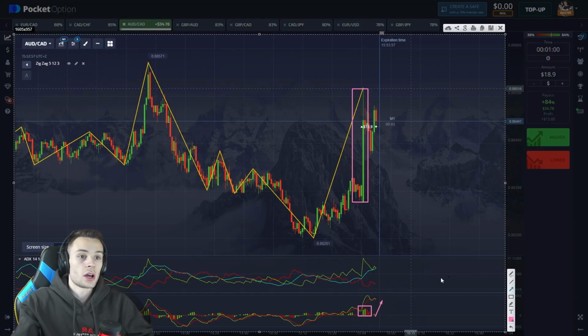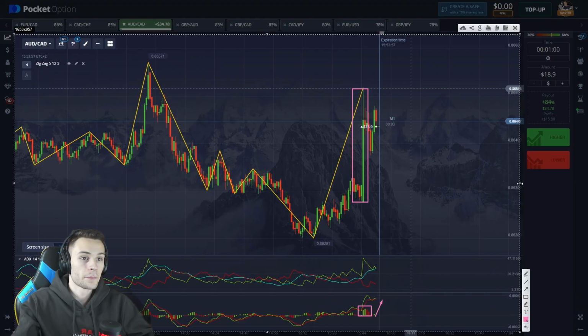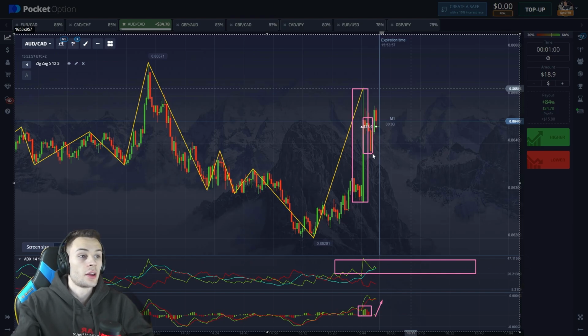It's worth mentioning that the green moving average is at the top and the ADX is near the level 13. And after this correction we see that the positive dynamics takes over, and that's why opening a long position is the best option here.